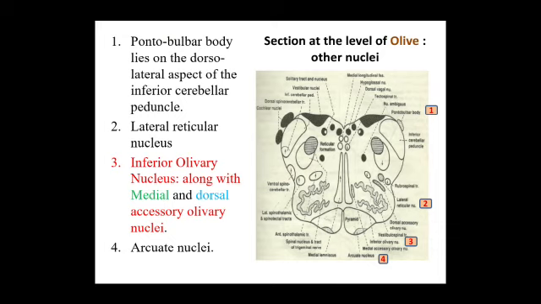You can see the crenated mass with the medial and dorsal accessory olivary nuclei and the arcuate nuclei. So with this we have completed the various nuclei.